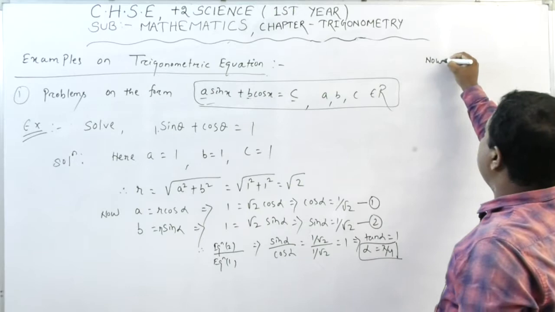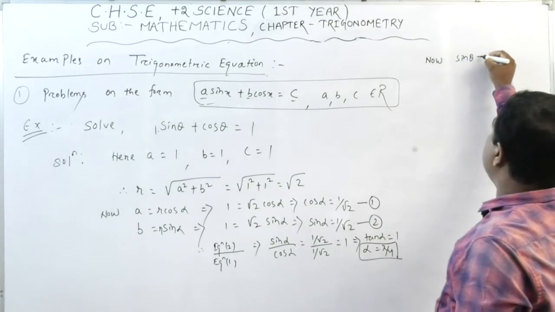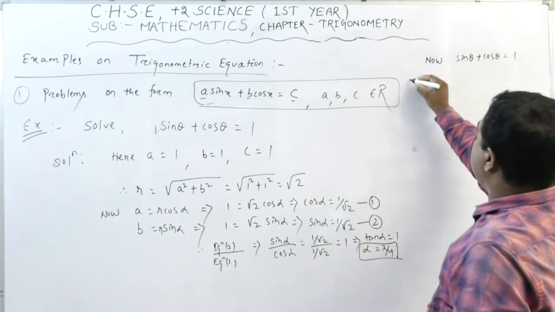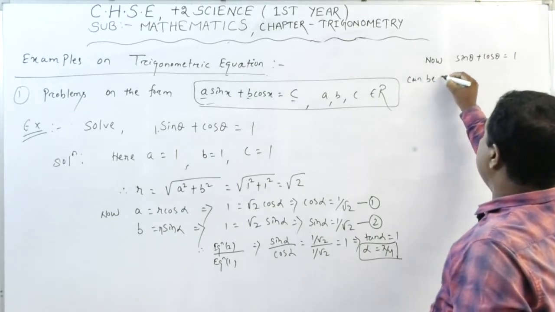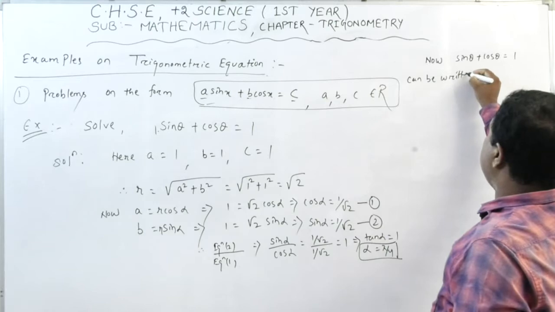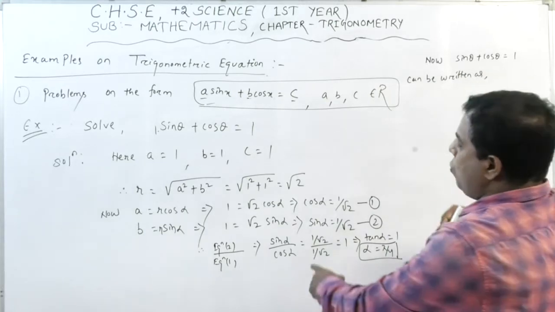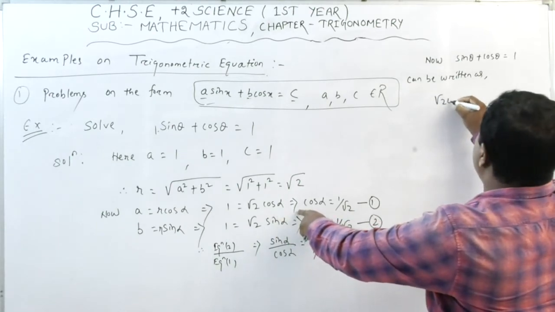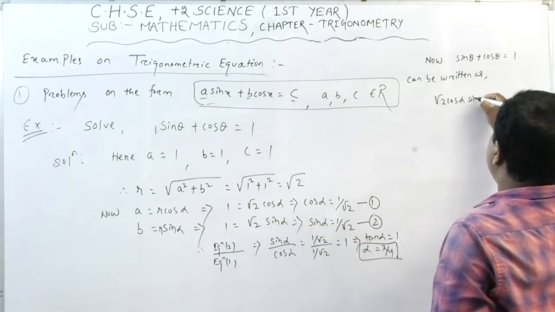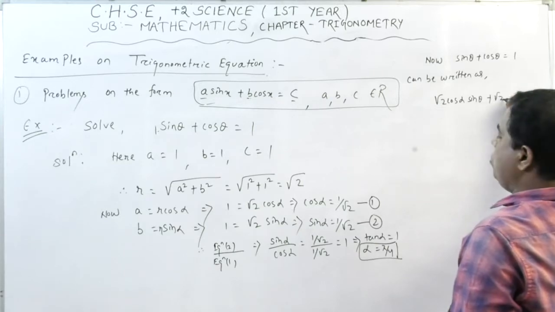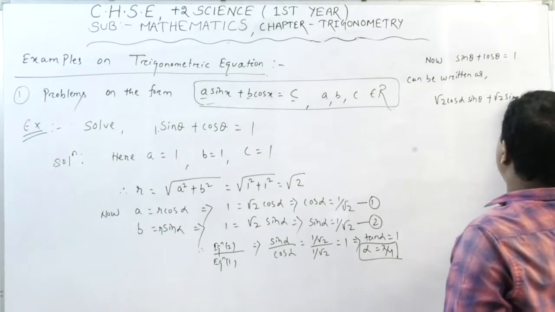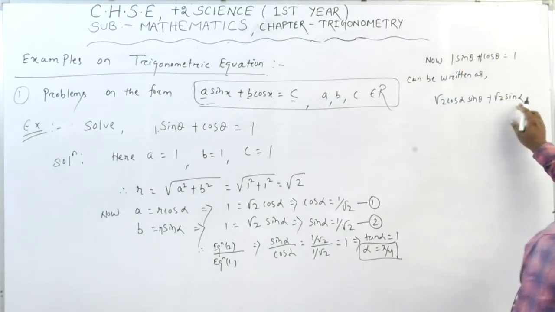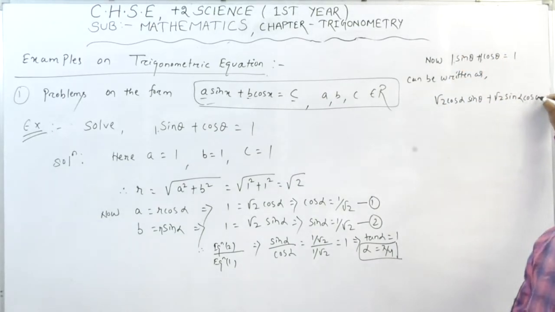Now sin theta plus cos theta equal to 1 can be written as, 1 can be written as root 2 cos alpha sin theta plus root 2 sin alpha cos theta equal to 1.